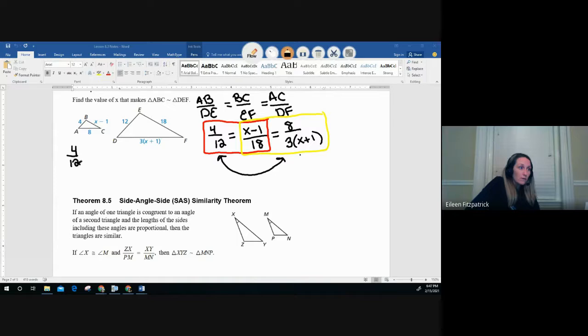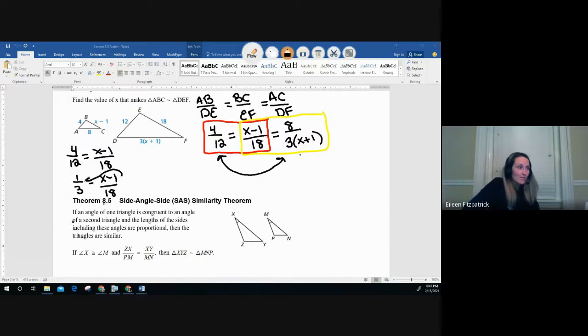4/12 is equal to (x minus 1)/18. Now, you can just do cross products from here. Or if you want, simplify this first and make it 1/3 is equal to (x minus 1)/18. The more you simplify your fractions and ratios, the smaller the numbers, the easier the math.